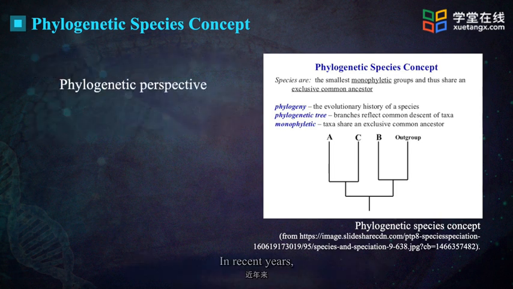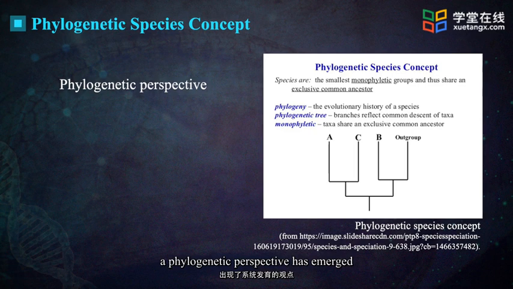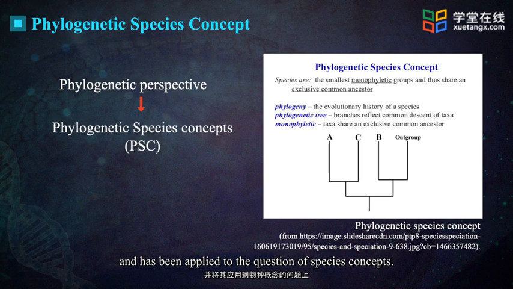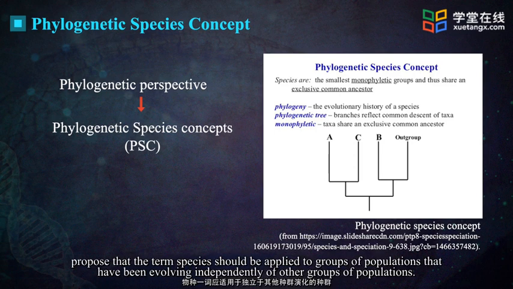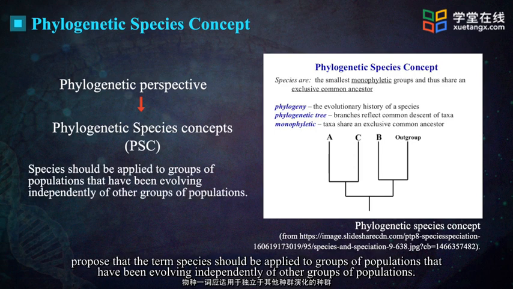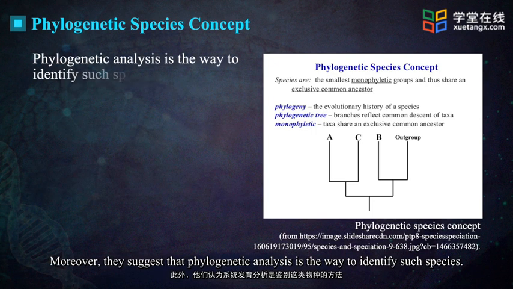In recent years, a phylogenetic perspective has emerged and has been applied to the question of species concepts. Advocates of the phylogenetic species concept, PSC, propose that the term species should be applied to groups of populations that have been evolving independently of other groups of populations. Moreover, they suggest that phylogenetic analysis is the way to identify such species.